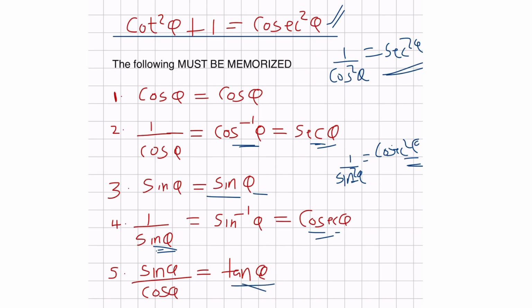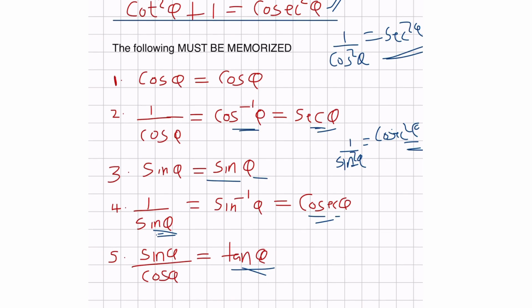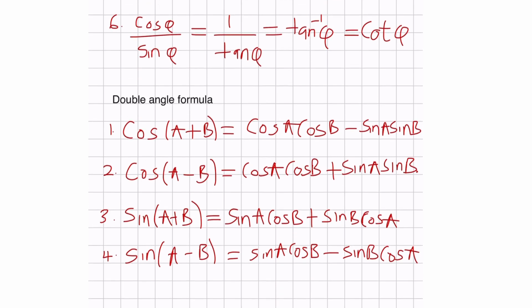You've got to make sure that you understand and memorize these ones. There are no two ways about it. You are just supposed to memorize them. Now, cos theta over sine theta is similar to 1 over tan theta, or the inverse of tan theta, which is ultimately cot theta.